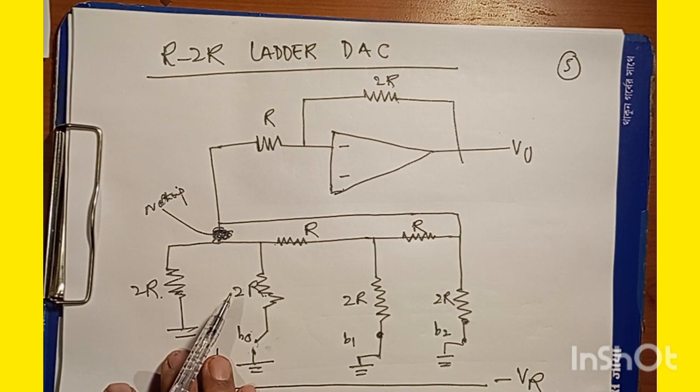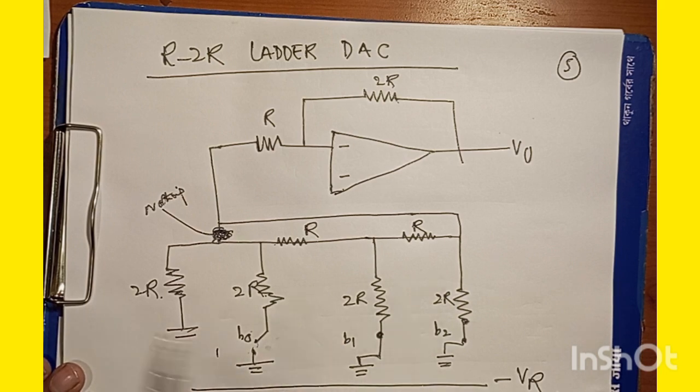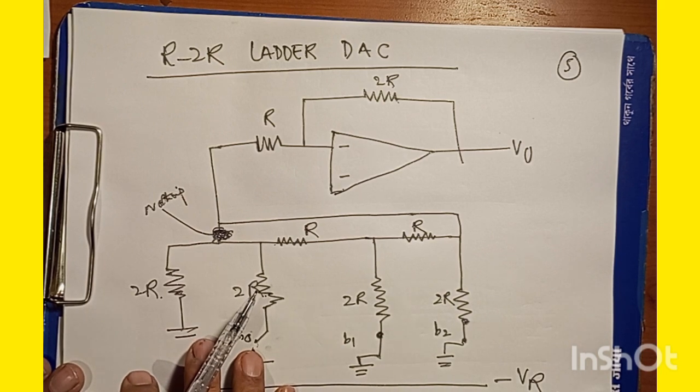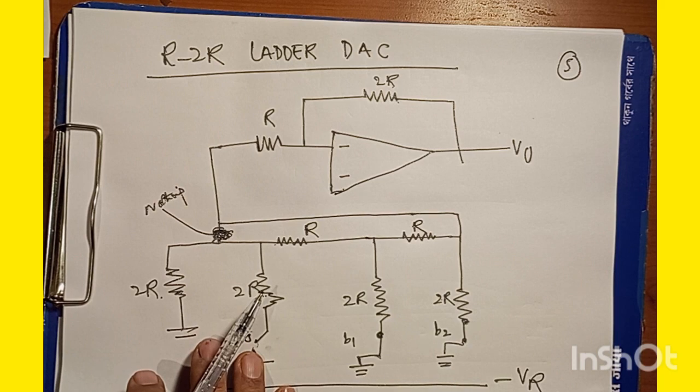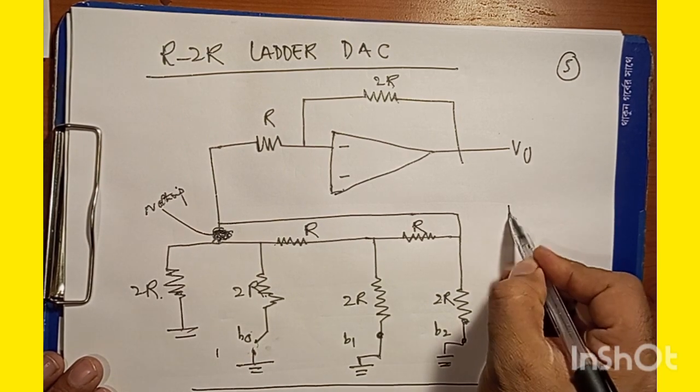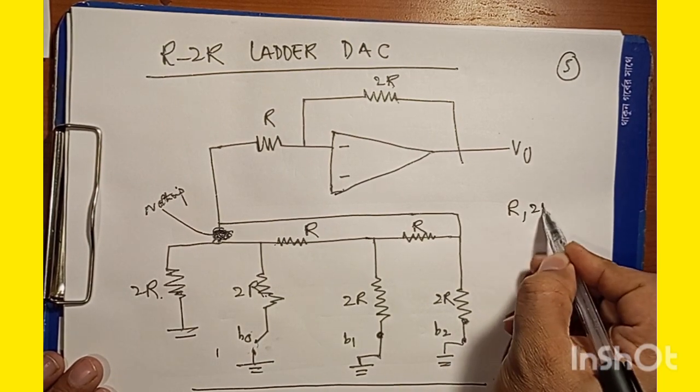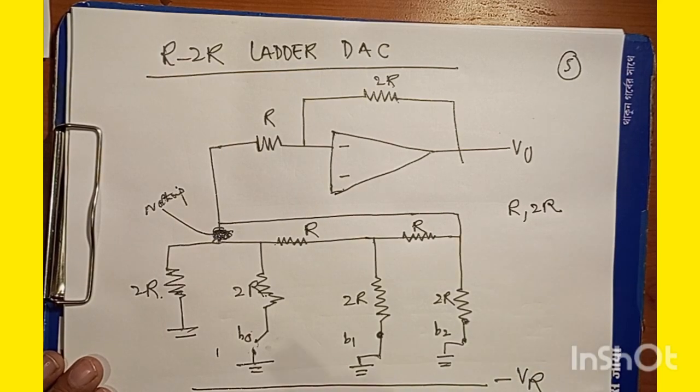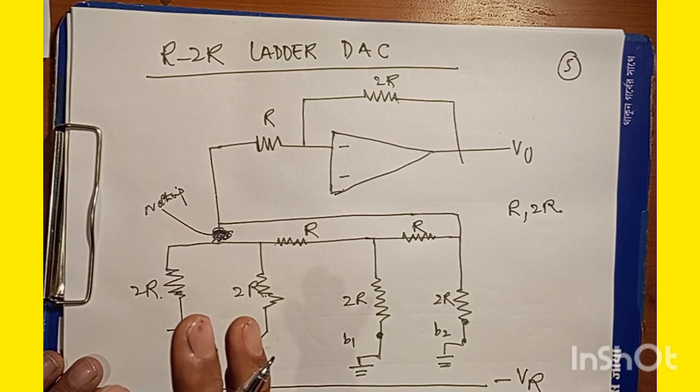So the advantages of this R-2R ladder DAC are like this. It contains only two values of resistors, R and 2R, so it is easy to select and design more accurate resistors.